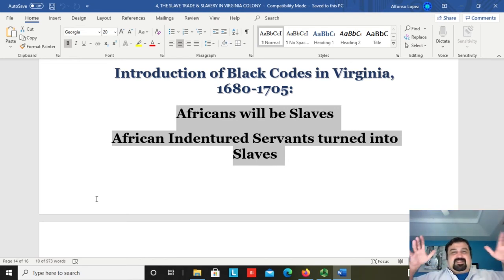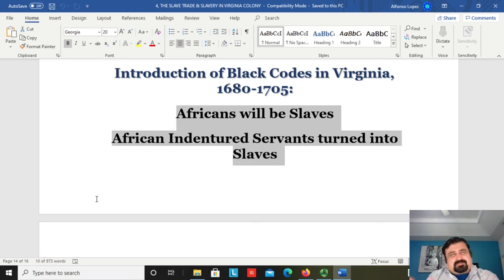In other words, the status is that you're going to be in the colony, but those that are coming into Virginia are going to be the servants, of course, and working in the plantations, growing the tobacco and doing all the other work.